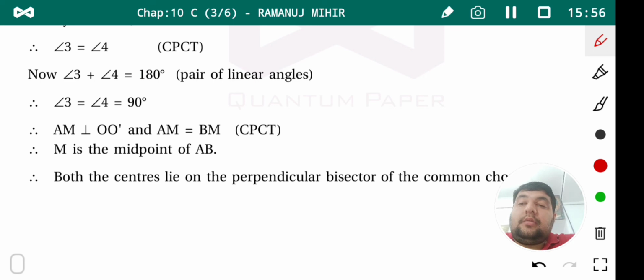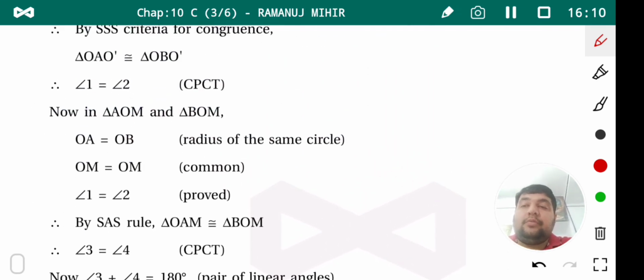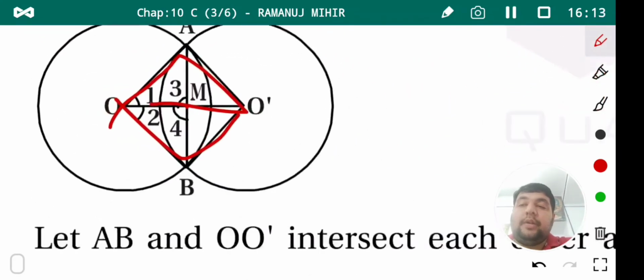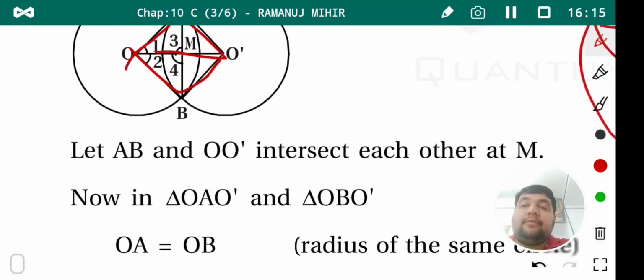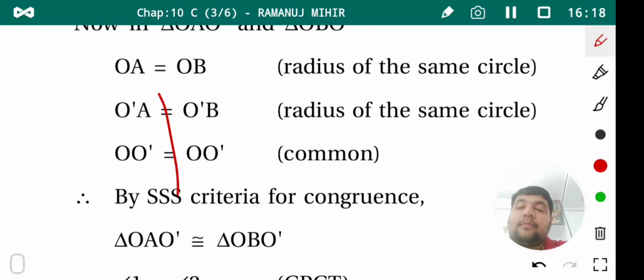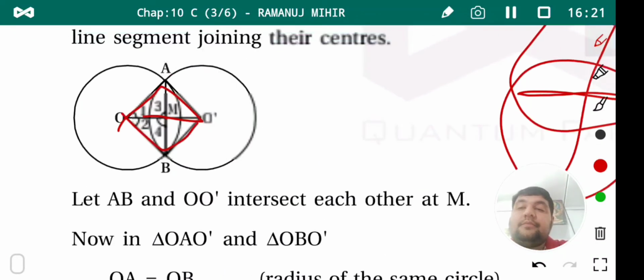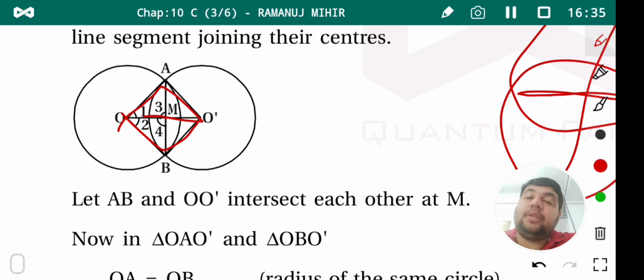We do not know whether the line we draw will be a perpendicular bisector or not. So let us quickly revise what we have done. We have proved these two triangles are congruent, and then another two triangles, AOM and BOM, and that's why we can prove it. That is a perpendicular line, and the line which is the perpendicular bisector of a chord will always pass through the center of the circle.